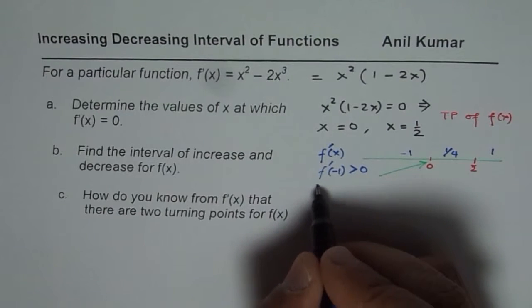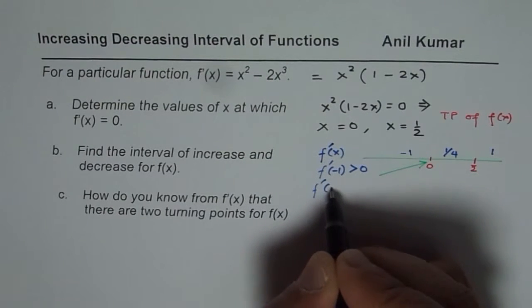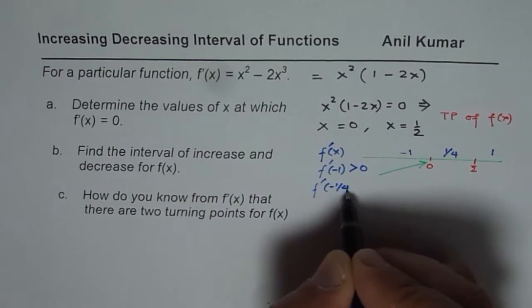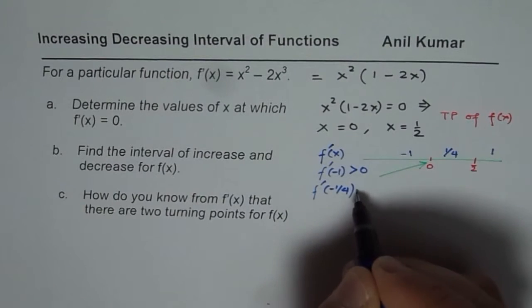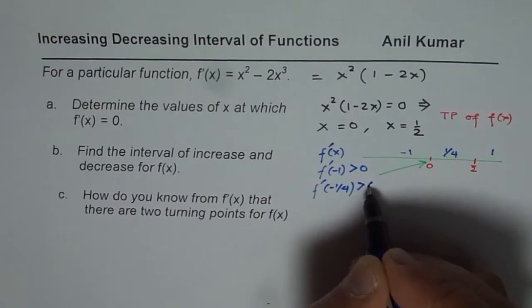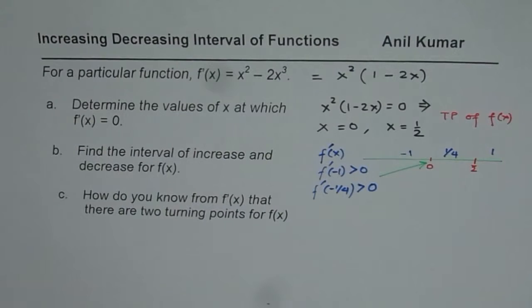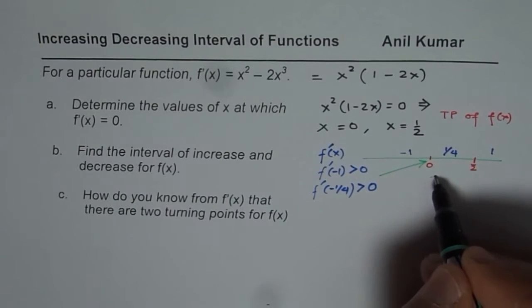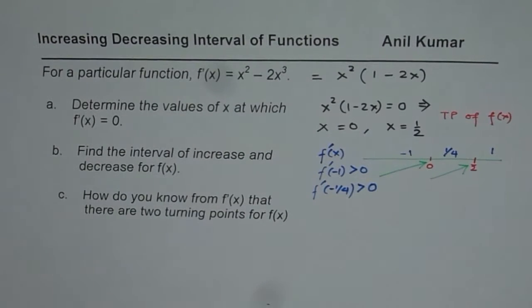So for 1 over 4, f prime is again a positive value, greater than 0. Since it is greater than 0, in this interval also the function is increasing.